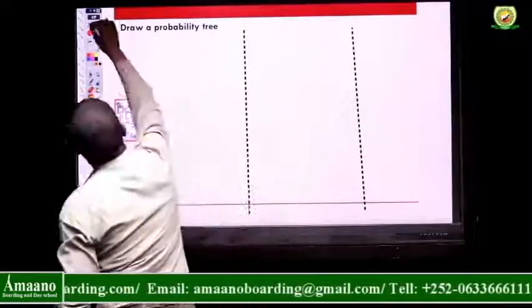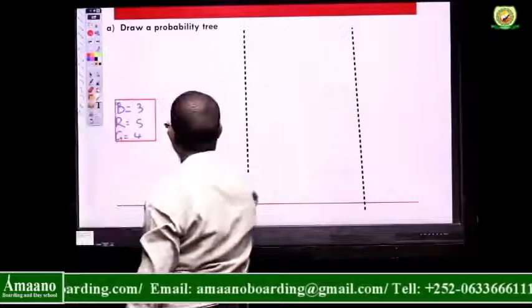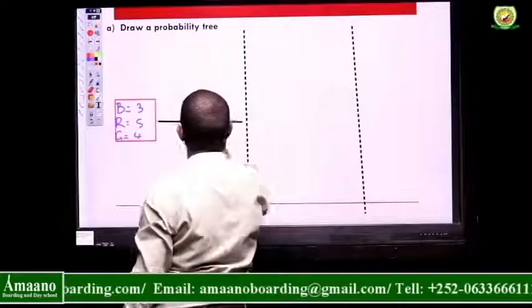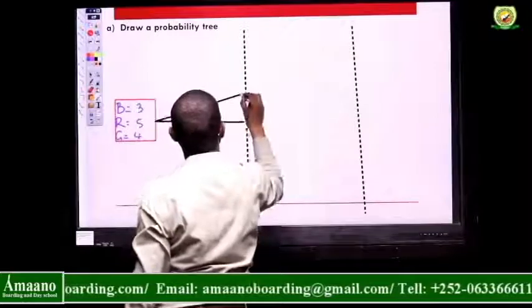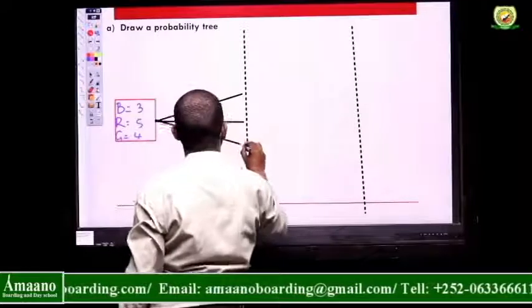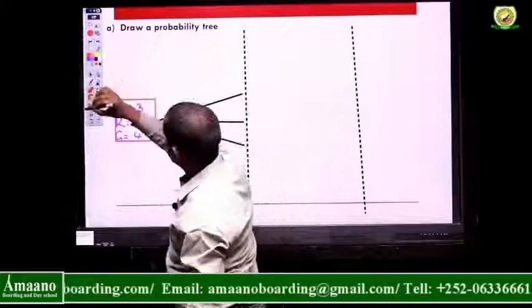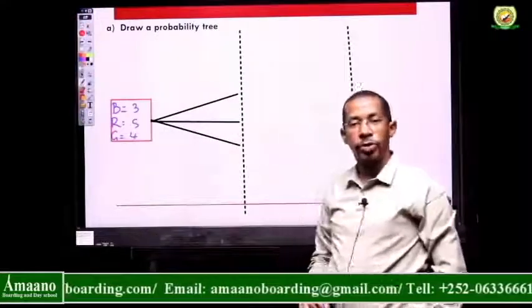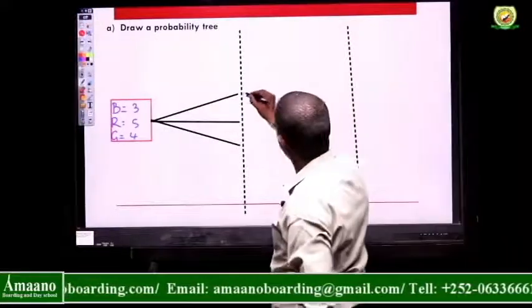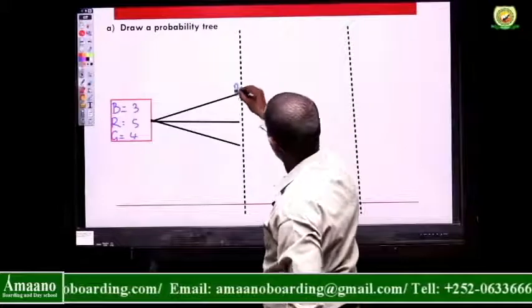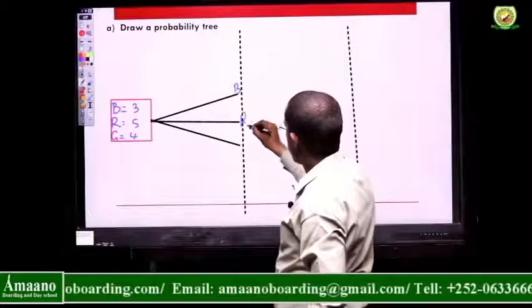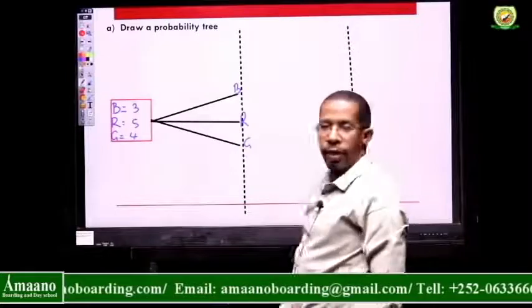Now, first time, he has 3 options. In these 3 options, he can either get a blue, he can get red or green.